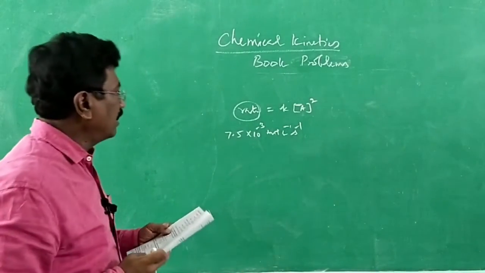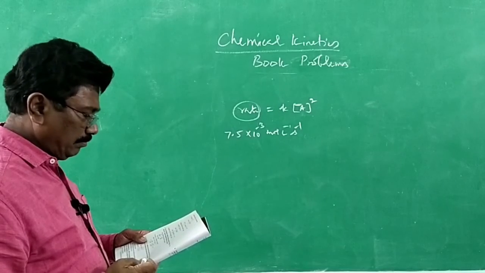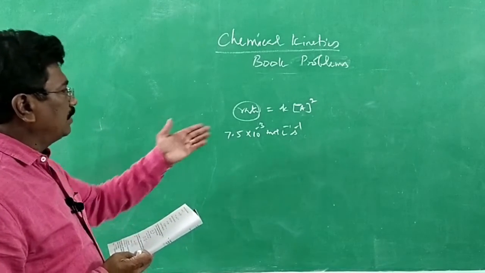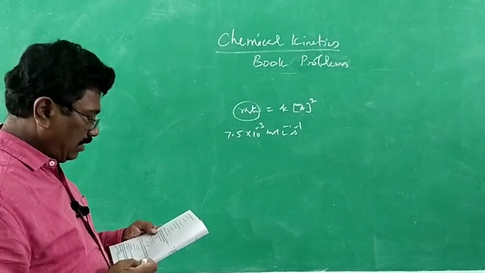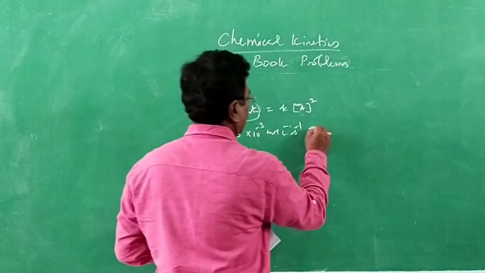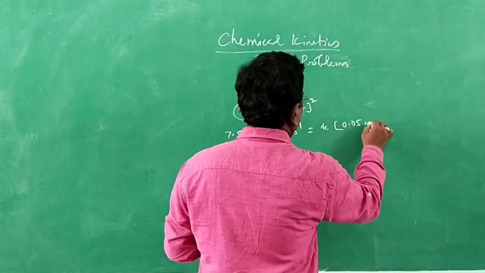Rate always has the unit mole per liter per second. Now, the concentration of the reactant is given as 0.05 mole per liter.